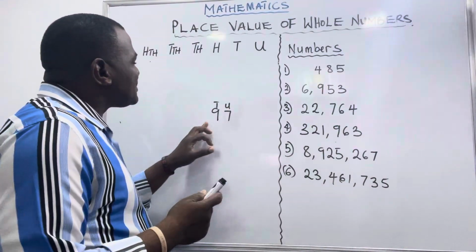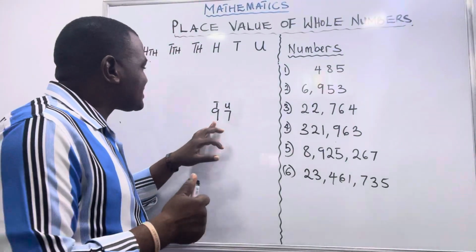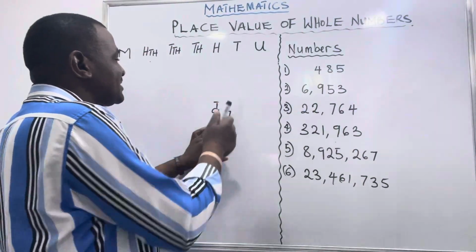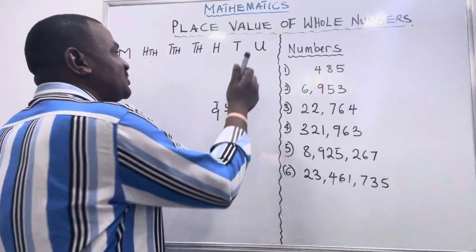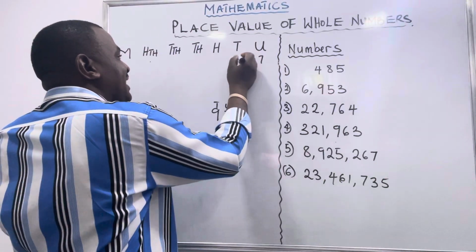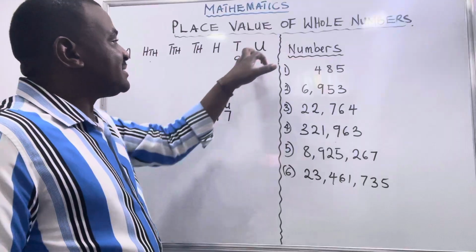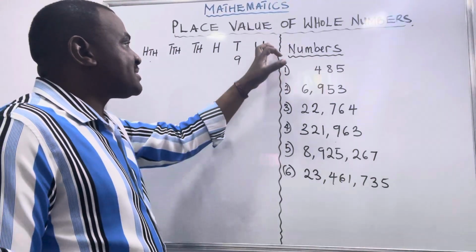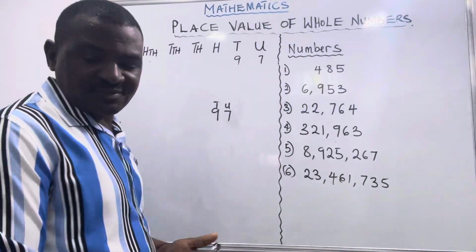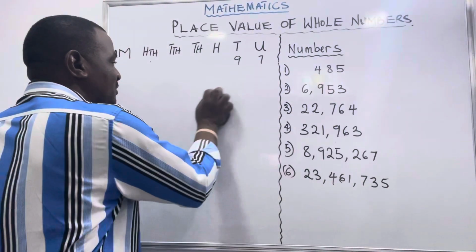You just know that whatever place value they ask, 9 is what? Tens. 7 is units. So the place value of 9 here is what? Tens. While the place value of 7 here is what? Units. Fine.